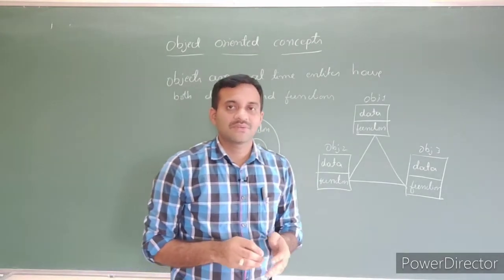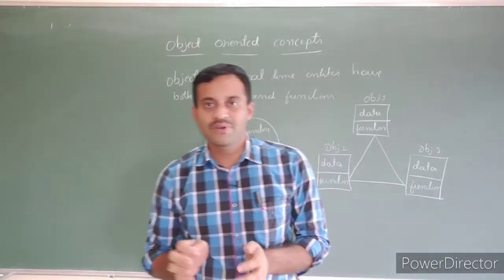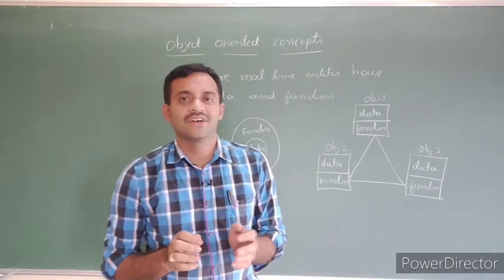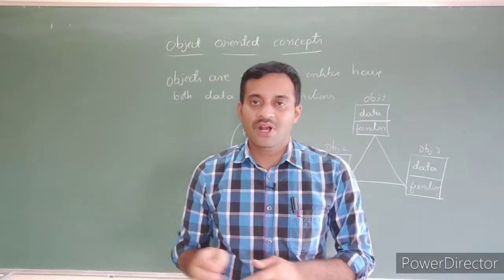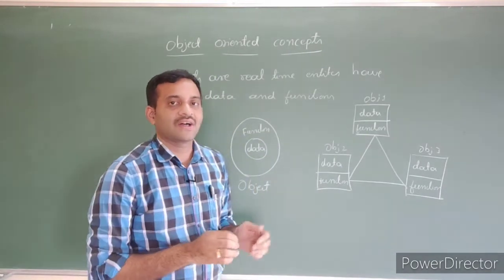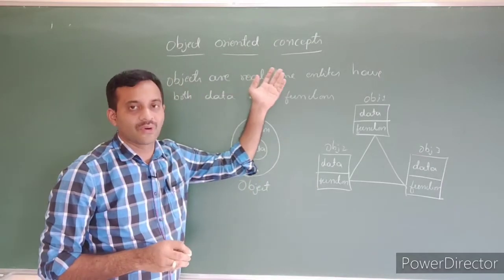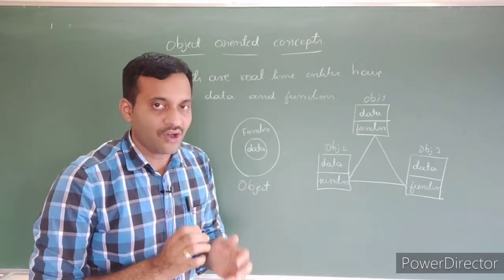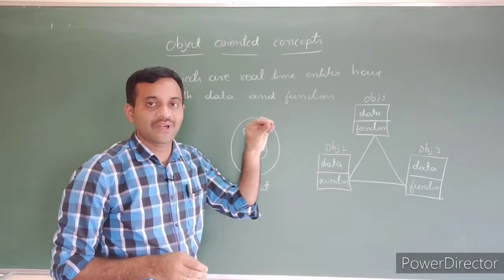The main concept of object-oriented programming is to prevent the data from unauthorized access. Here unauthorized access means the data being accessed by other programs. Object-oriented programming means first we create an object, where an object is a real-time or identifiable entity.